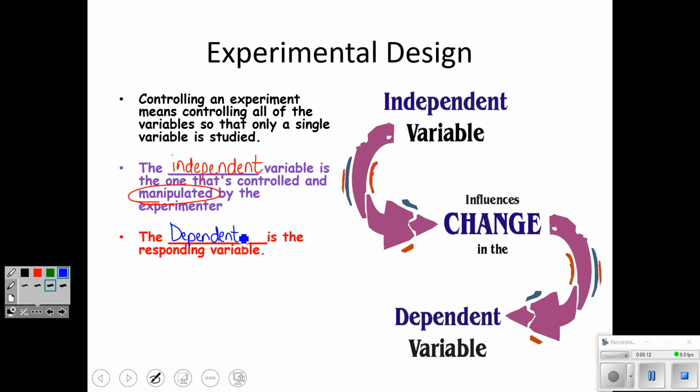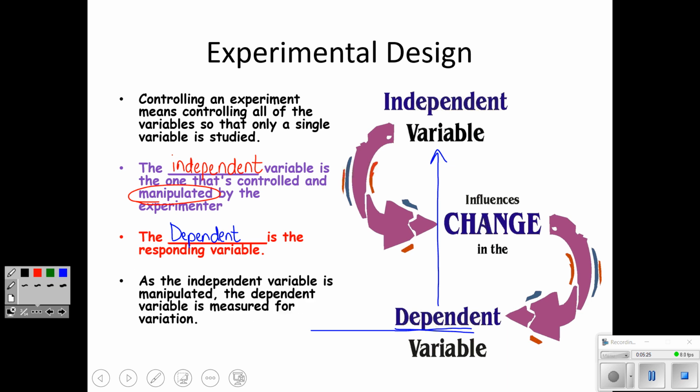And again, going back to what the word is saying, my dependent variable is going to depend on the independent variable. As the independent variable is manipulated, the dependent variable is going to be measured for variation. So measurements, both qualitative and quantitative, are going to be your dependent variables.